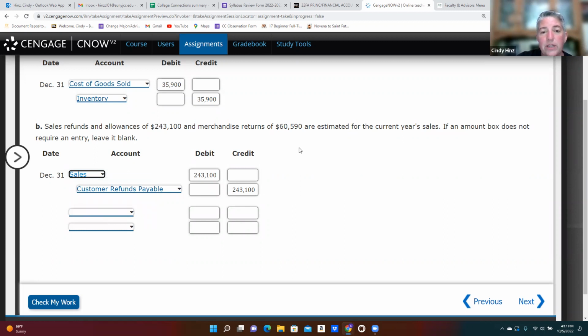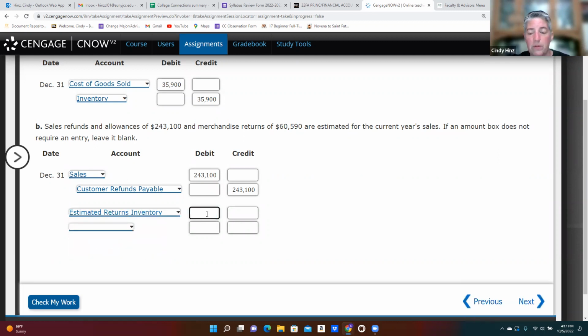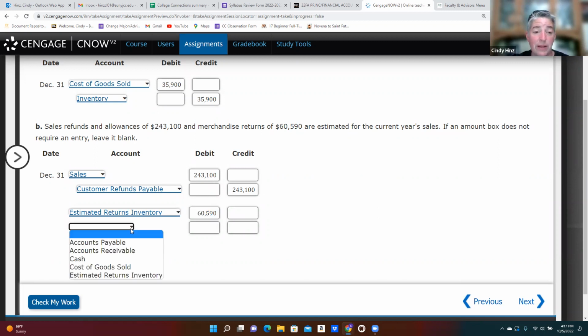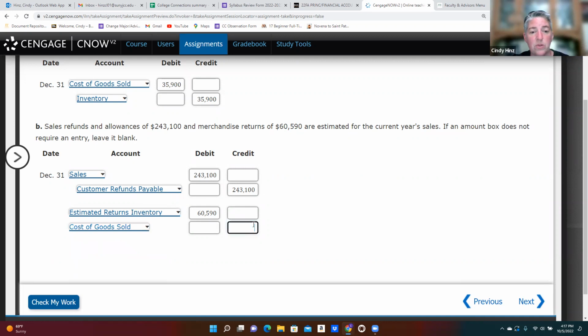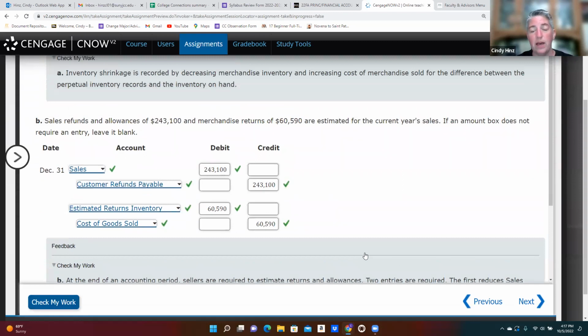And then the merchandise returns of 60,590, we're going to set that aside as the value of the merchandise we think is going to be returned. And so that's going to sit on our balance sheet as an asset to partially offset that customer refunds liability. And that's going to reduce our cost of goods sold, again, because there isn't a better account to use for that.